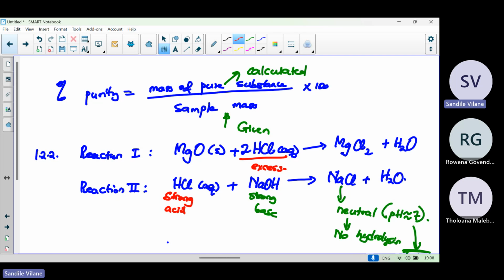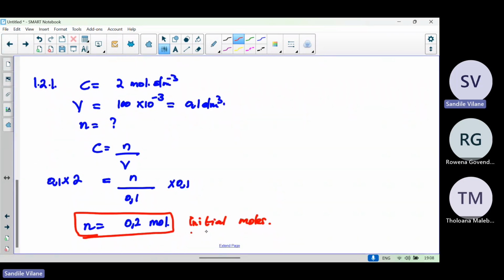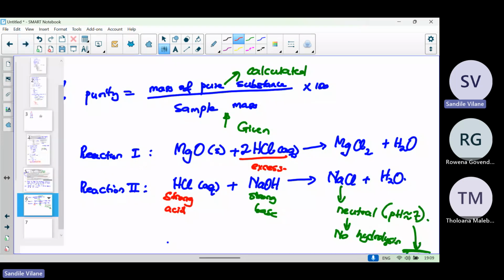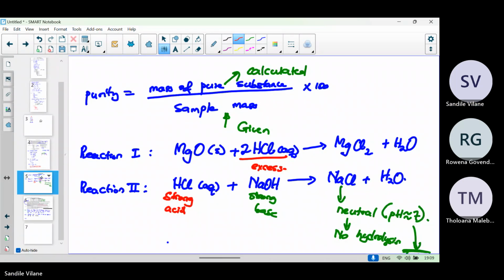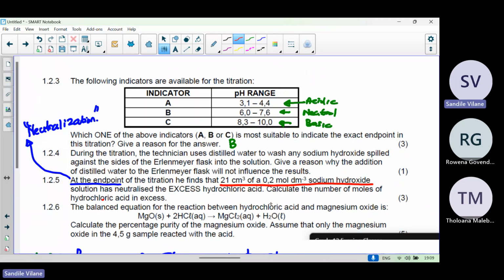So remember, you are starting with 0.2 moles, but not all of this 0.2 moles reacted with the magnesium oxide. Okay, I need to rearrange my pages. And there again, the term neutralized.